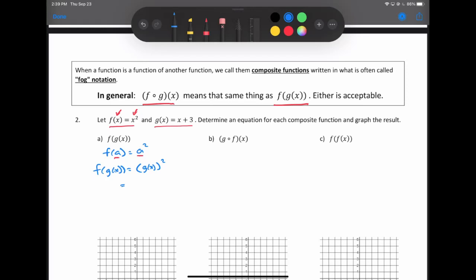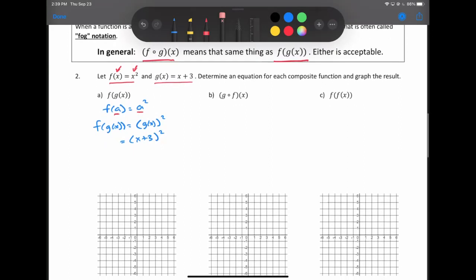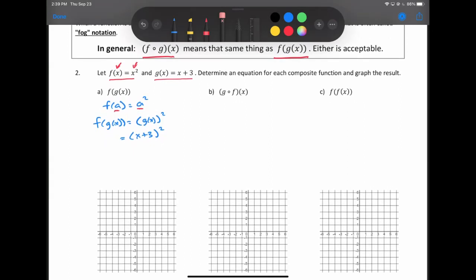Then g at x squared is x plus 3 squared, which, you know what, we're going to graph it, so why don't we just leave it in that form? I was going to say expand and collect like terms, but for graphing, it's a little bit nicer to do it that way because that one is just a parabola shifted 3 to the left.